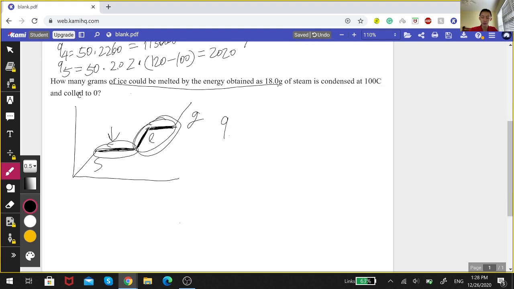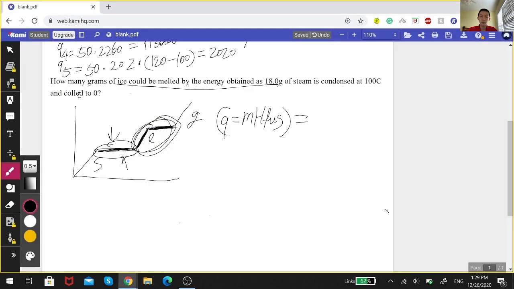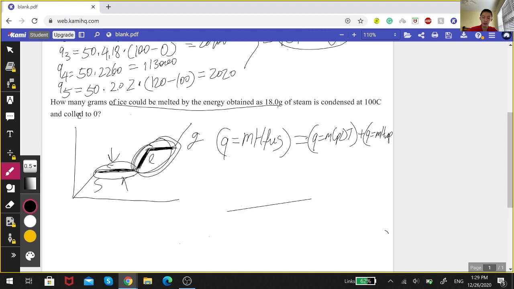So our formula will be Q equals mH fus, which is the formula for this line, has to be equal to these two added together, because it's the heat added together for both of these. So it'll be Q equals mCp delta T, this line, plus Q equals mH vap, so this line.